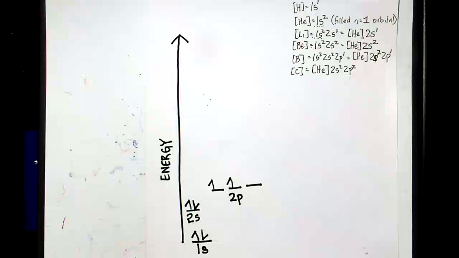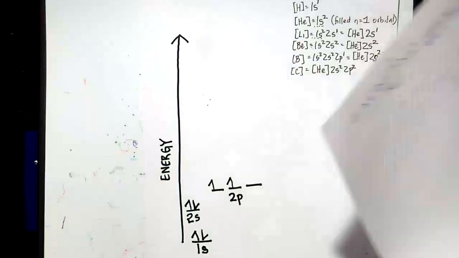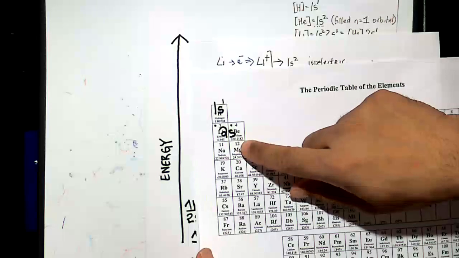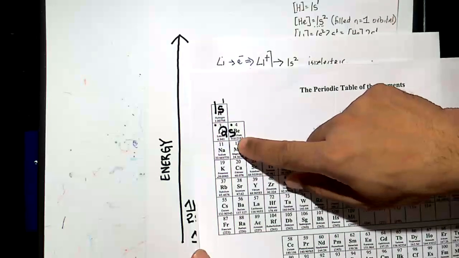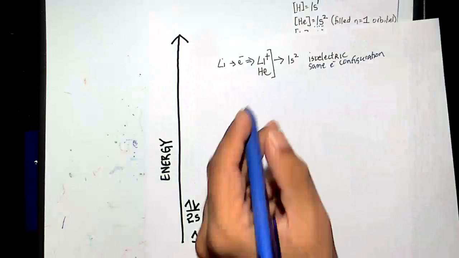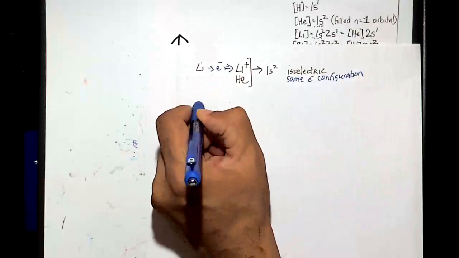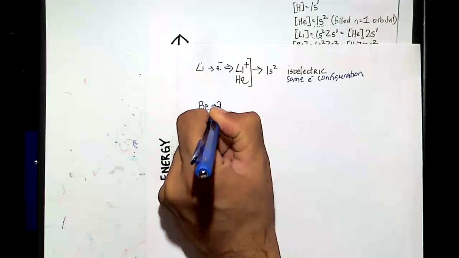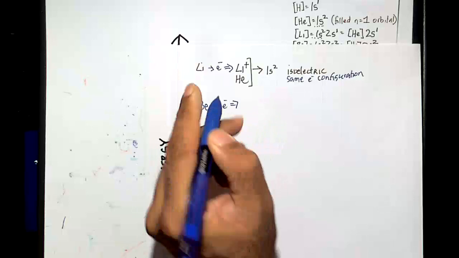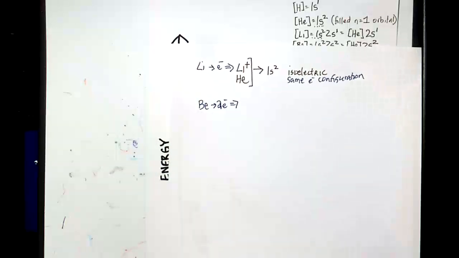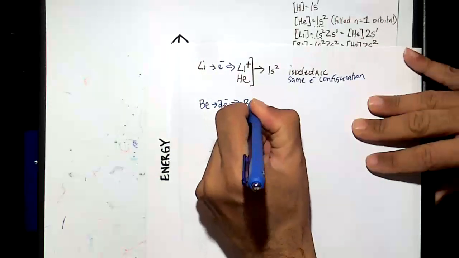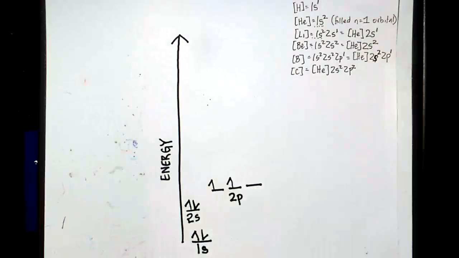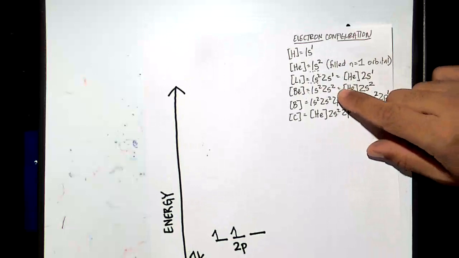Let me go over here. Let's go back and talk about beryllium. Why would beryllium like to be +2? Not lose 1 electron, but lose 2 electrons, to form a +2 ion. If beryllium loses 2 electrons, what will it be?